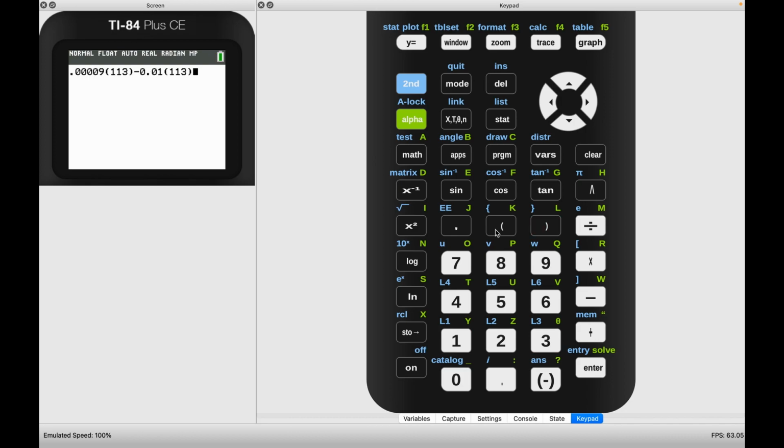Oh man, I almost forgot to cube that to the third power. This one is squared after that.